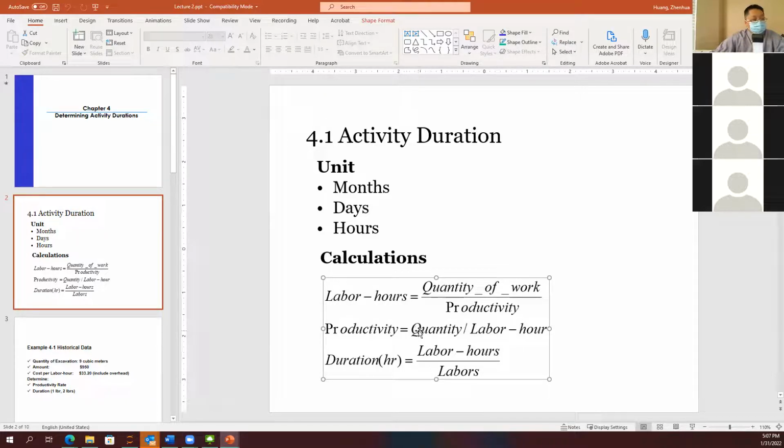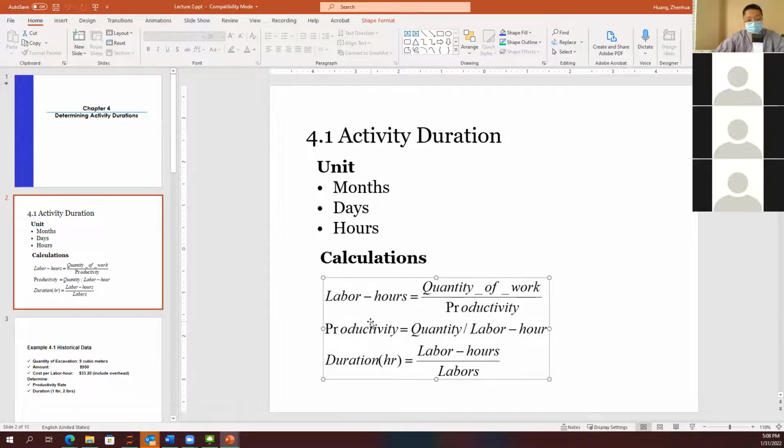Productivity is calculated from previous data: how much quantity of work I finished, and how many labor hours I used. This divided by that, I can get my previous productivity based upon historical data.